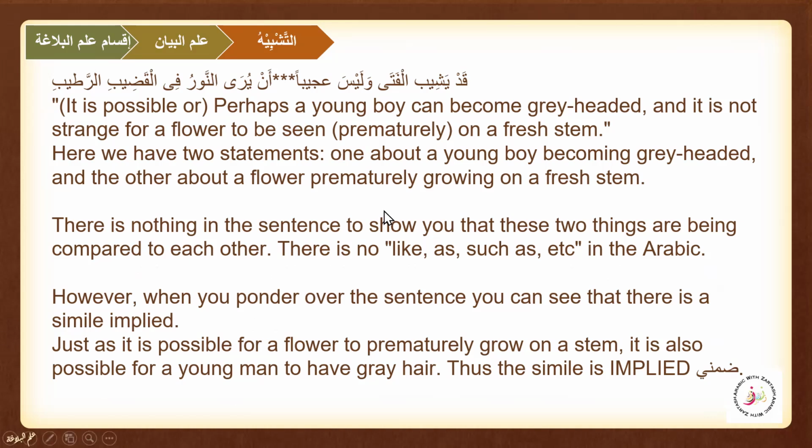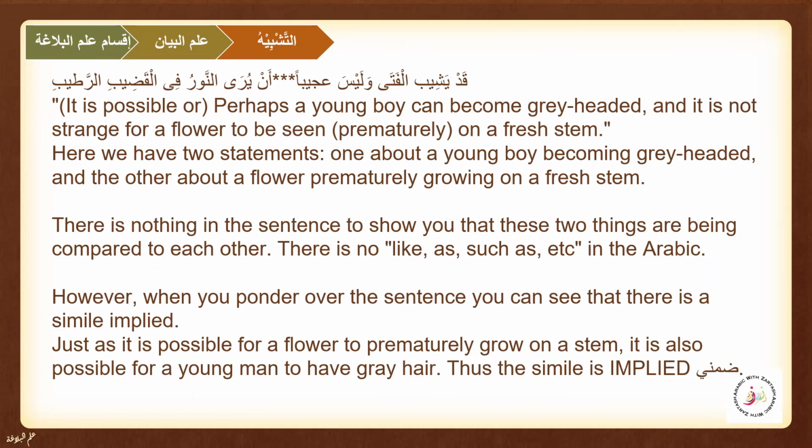When we reflect on the meaning, we recognize that the two ideas are implicitly compared, just as a flower blooming prematurely on a fresh stem is unexpected but natural, a young boy getting gray hair early is also unexpected but possible. We know that this is so common these days, having gray hair, because there are so many reasons.